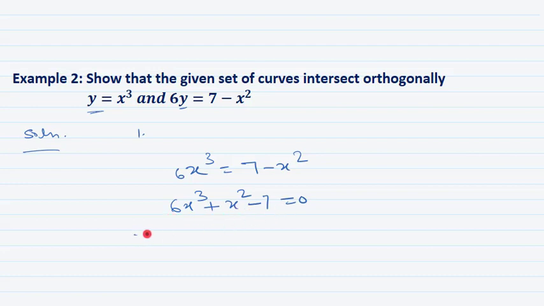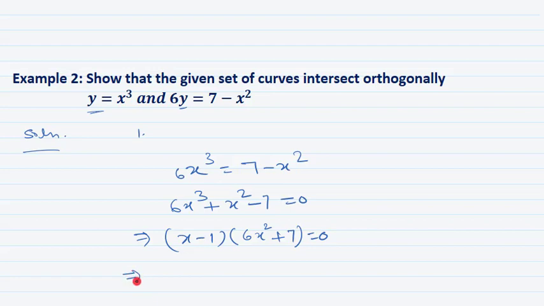Which implies (x minus 1) into the remaining factor, which we can calculate by dividing the given equation 6x cube plus x square minus 7 by x minus 1. After dividing, we get 6x square plus 7x plus 7, which is equal to 0.